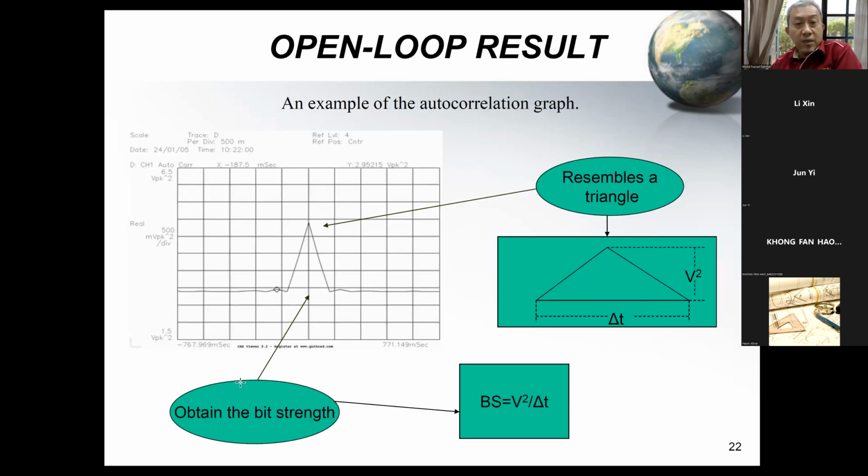So this is from the dynamic signal analyzer. From the dynamic signal analyzer, you can see that this is the autocorrelation of the PRBS input, similar to the theory that we learned previously.